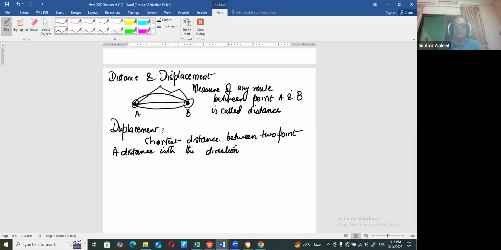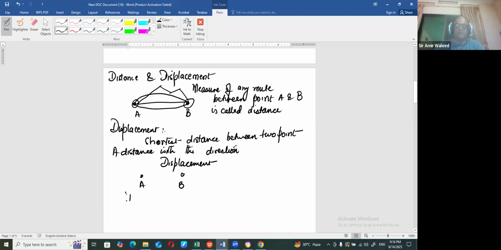But displacement is a particular direction distance. Like if a person is just going from A to B, that's fine. But if I ask someone to go in the north direction from A to B, now I mention a direction, it means now it's a displacement.